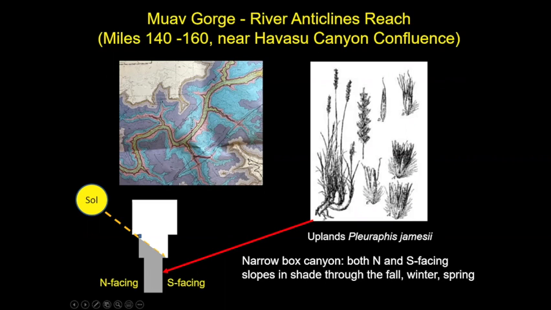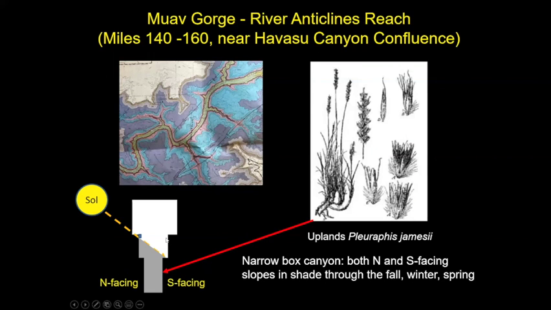So interestingly, one of our grasses in Grand Canyon that occurs pretty much only on north-facing slopes at low elevations is this James Guyetta grass, Pleuraphis jamesii. And this is a species that in this section, because of the very, very steep, narrow depth of the canyon there, occurs even on south-facing slopes at low elevations.